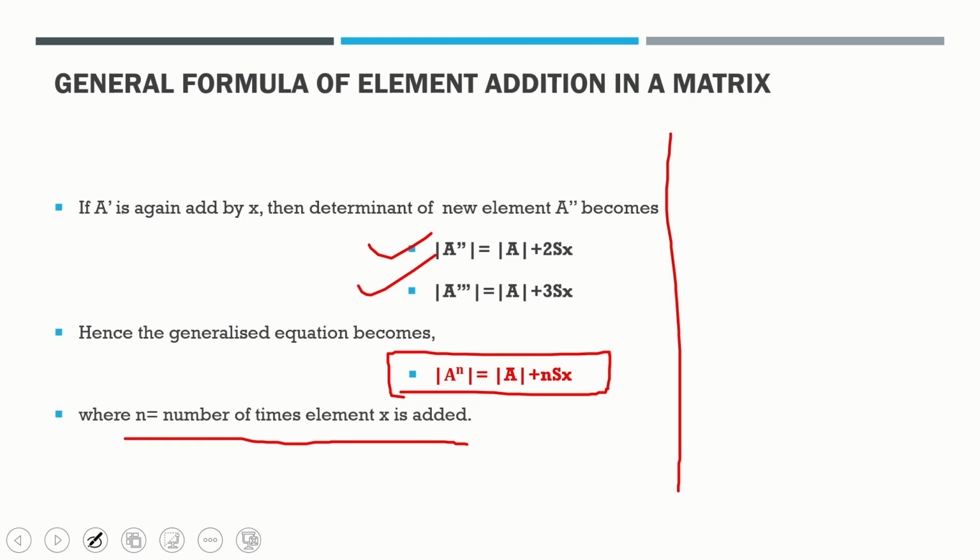One case is that you cannot change your n, you cannot change your s, but you have the option to change x. x varies. It is your choice. You can take any x value.